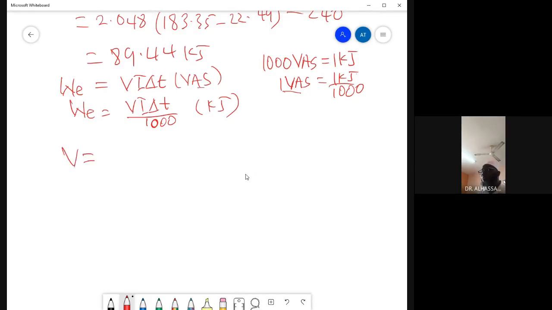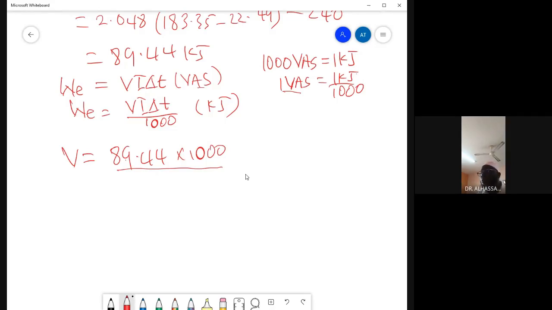The voltage becomes equal to the electrical work transfer, which we have already calculated to be 89.44 kilojoules, times 1000, divided by the current and the time.